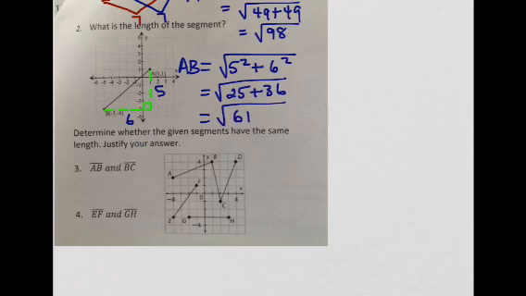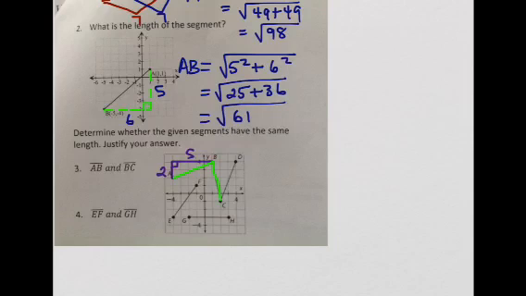Okay? Alright, so they want you to determine whether the segments have the same length, so I'm going to highlight them. AB, I have to compare that one with that one. Well, if I draw a right triangle, this would be 2 long and this would be 5, right?